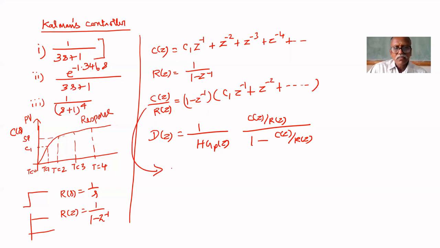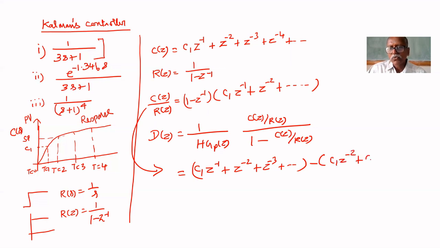This can be written as C1 Z power minus 1 plus Z power minus 2 plus Z power minus 3 plus etc. minus C1 Z power minus 2, Z power minus 3 plus etc. If you subtract this, from Z power minus 3 onwards it gets cancelled.